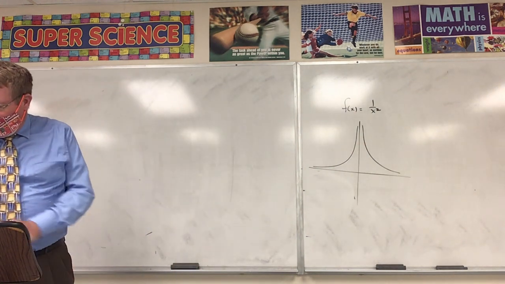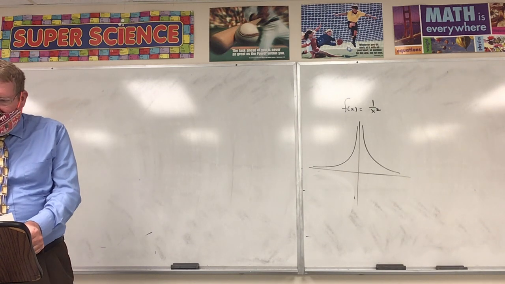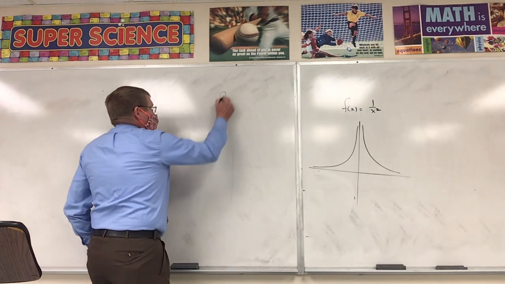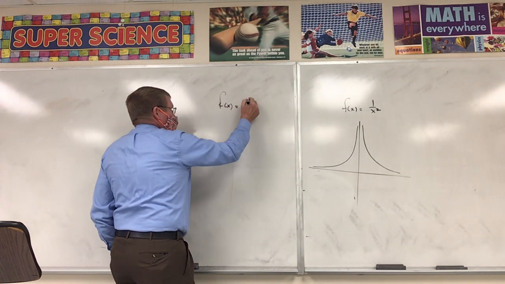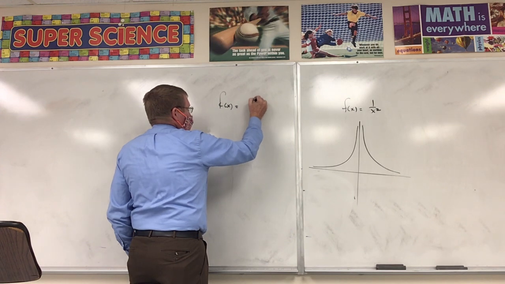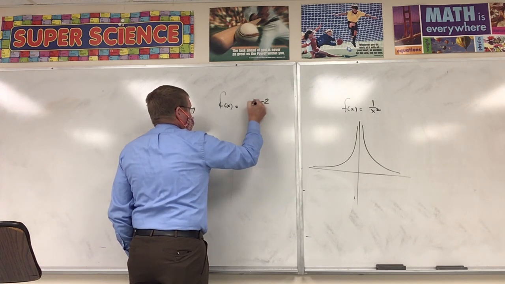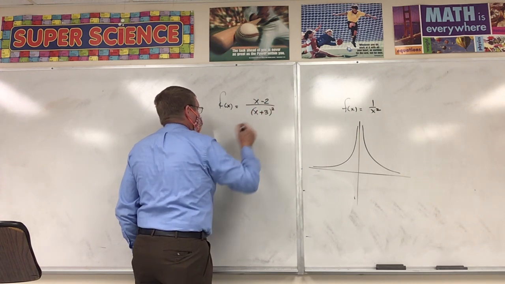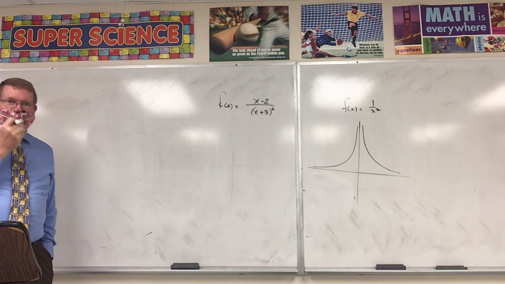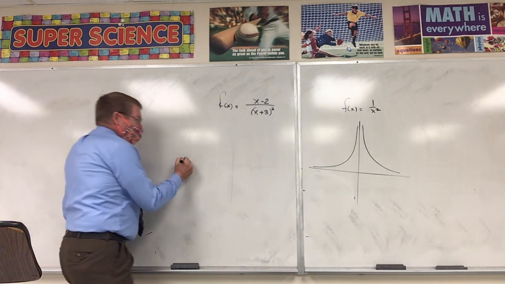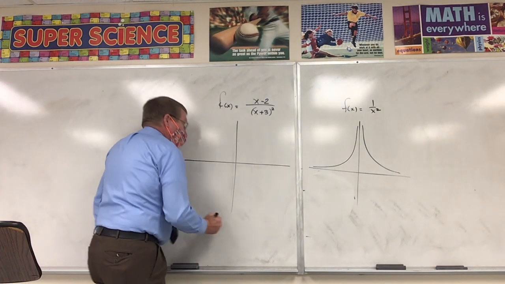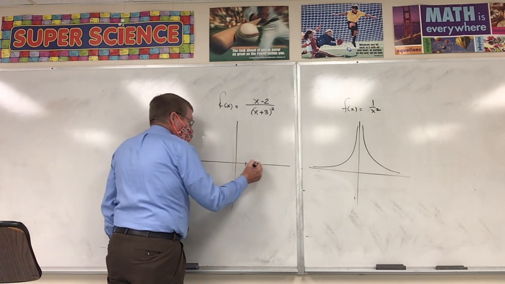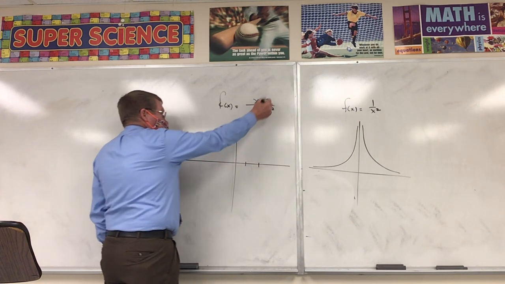So, when we're dealing with f of x equals this here, we're going to graph it. I have a 0 where? Zeros come from the numerator.